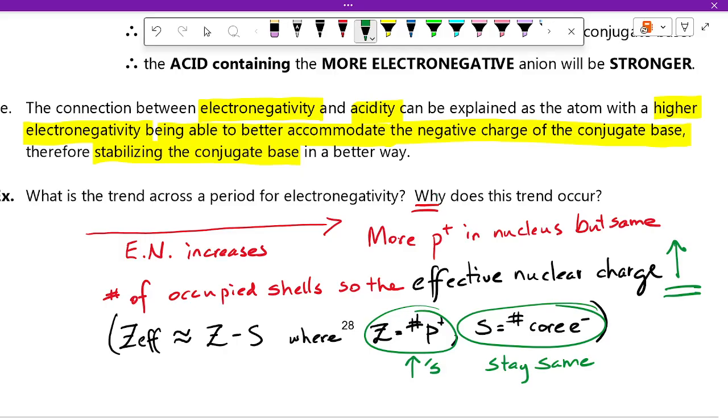And if the effective nuclear charge increases, the Coulombic attraction increases.